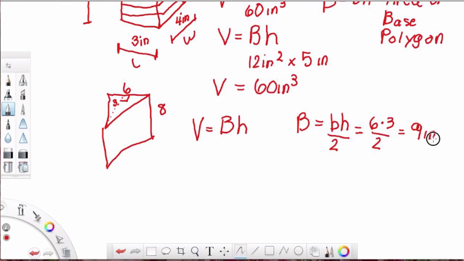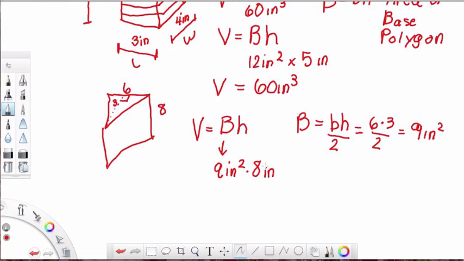And that would be 9 inches squared, or units squared, whatever it would be. So we've got our big B, therefore, is going to be 9 inches squared. Okay, and what's our height here? Our height is 8 inches.